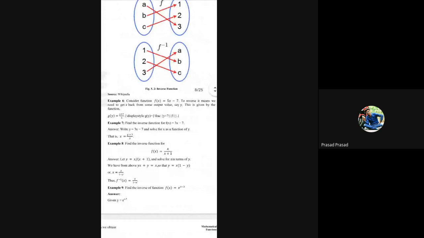Okay. Some types of functions are given here. You can go through them. Types of functions are given. I will directly come to the graphs. Some examples are given with the diagrammatic form. Go through that.